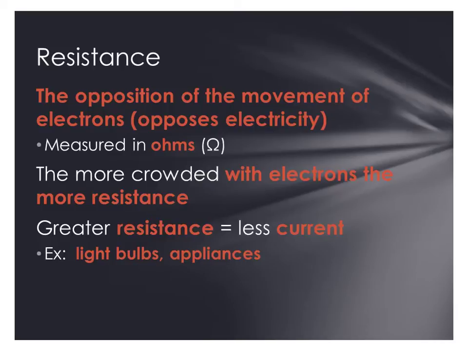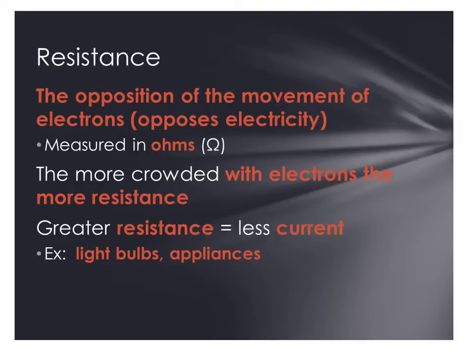But I tell you that story and give you that example because the idea of trying to hold against a person running through the chain of hands is like resisting them. You're trying to keep them from moving between you or moving through you. So the idea of something resisting electricity means that it's opposing the movement of electricity altogether.